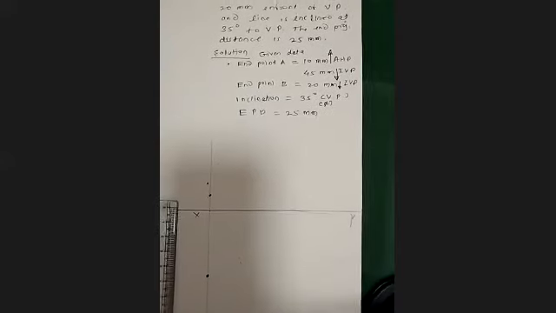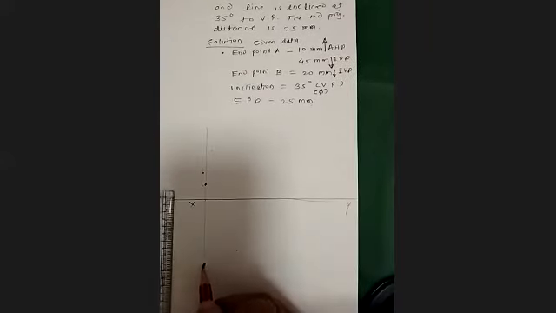This distance is 45. So of course, this point will be the point A dash. This point is going to be the point A. Now, immediately draw a line parallel to the XY line through both points with the roller scale.